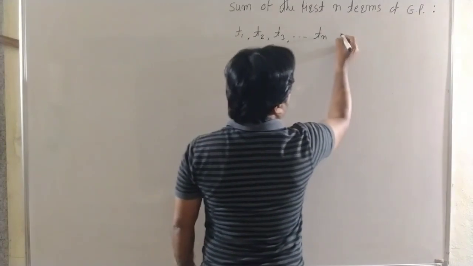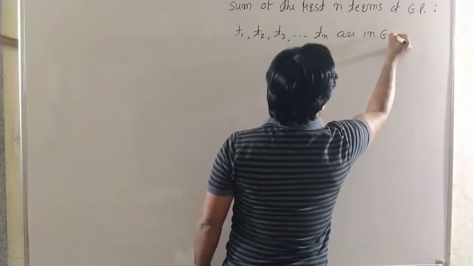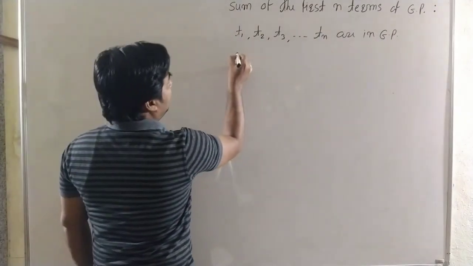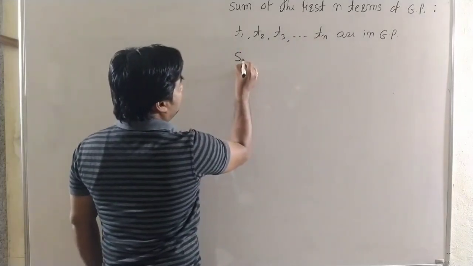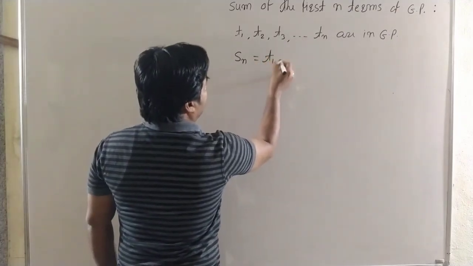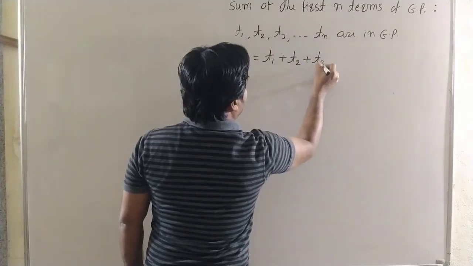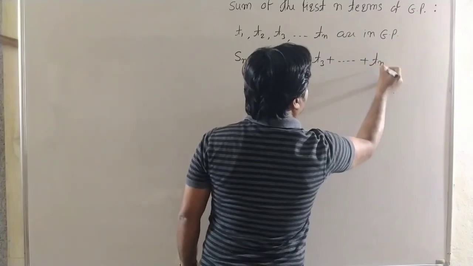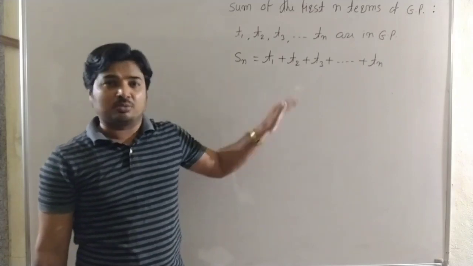Then the sum of all terms is denoted by S. Here there are n terms, so we write Sn, which is the sum of all terms t1 plus t2 plus t3 and so on up to tn. Sn is the sum of the first n terms.